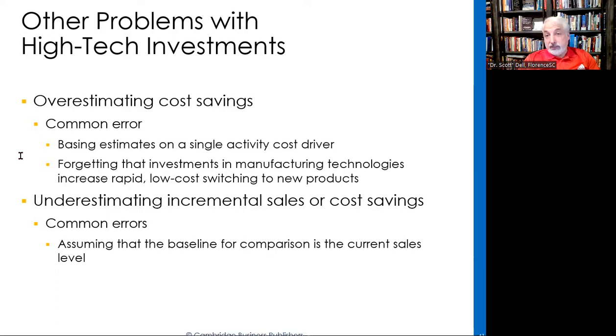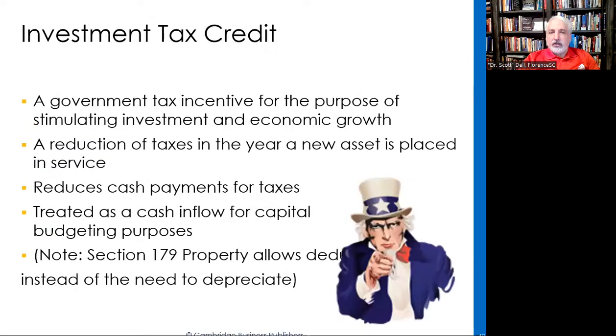So we need to factor in whether we are going to be changing and what those changes have in store and how these initial projects will affect that. And then we underestimate incremental sales or cost savings, assume the baseline for comparison is the current sales level, which may not be accurate.